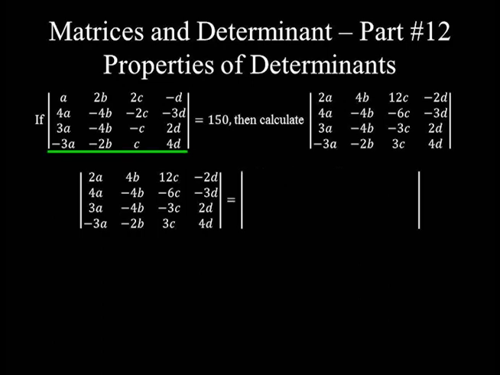Let's start from row 1. 2a means 2 times a, 4b means 2 times 2b, 12c means 6 times 2c, and negative 2d means 2 times negative d. Row 2 to row 4 elements are the same except those under column 3. So let's rewrite column 3 elements of the right-hand side matrix as the product of a certain constant times the corresponding column 3 elements of the left-hand side matrix.